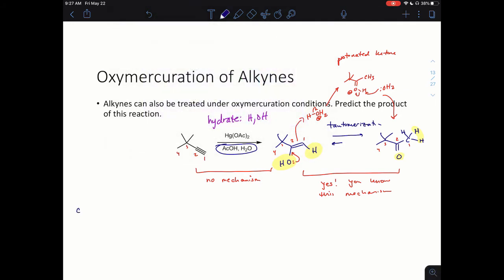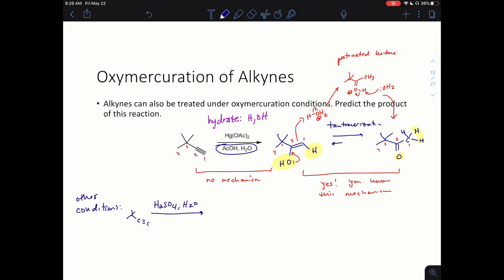Now, a few more points that I wanted to make here. So there are other conditions for affecting this transformation. One of which is that we just talked about the brute force, treat it with sulfuric acid in the presence of water, the brute force method of generating the ketone from the alkyne. You could do that.